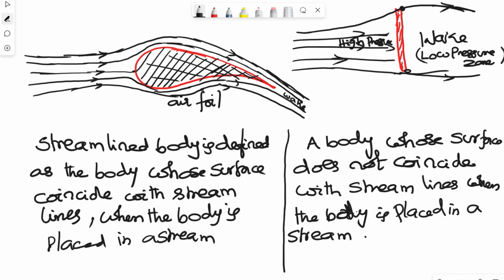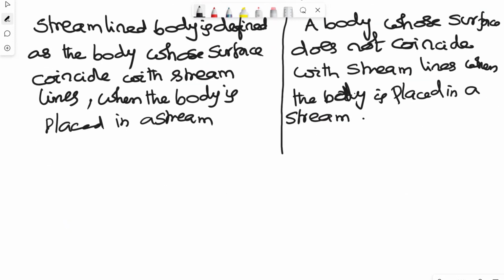Right? So what will happen? If it follows the streamlines, it is a streamlined body. If it doesn't coincide with streamlines, it is a bluff body.